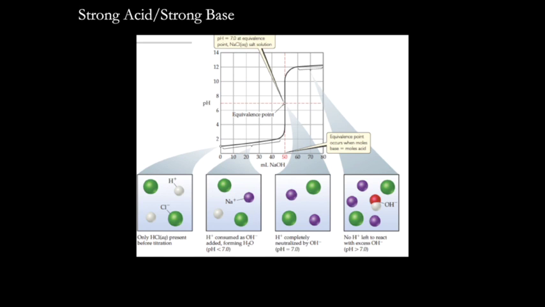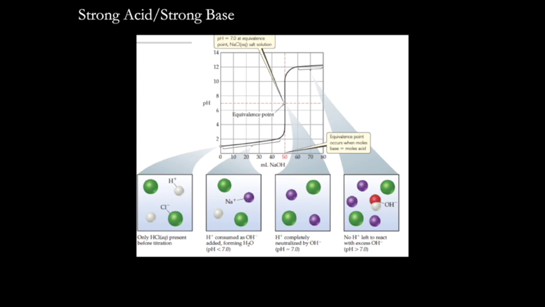So here I show a titration of a strong acid with a strong base. So for example, hydrochloric acid and sodium hydroxide would be a great example. So at the very beginning, right at my x-intercept, I have 0 mL of NaOH, and so as you notice, my pH is very low because what I have at that moment is just all hydrochloric acid.